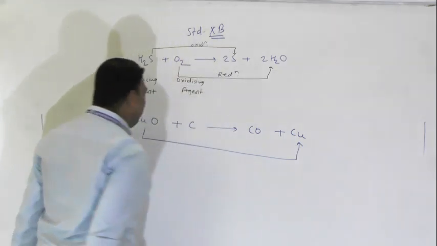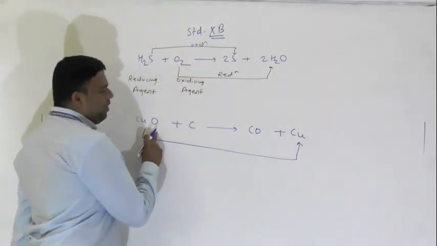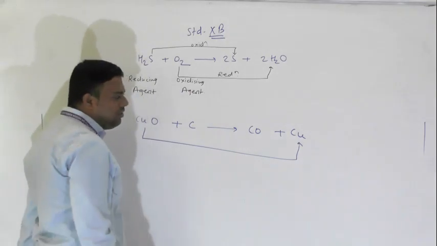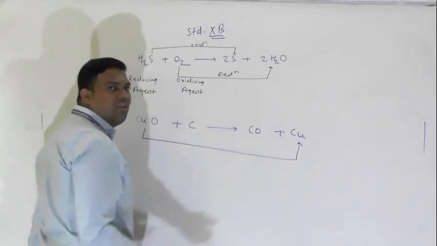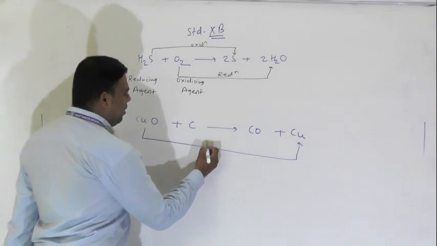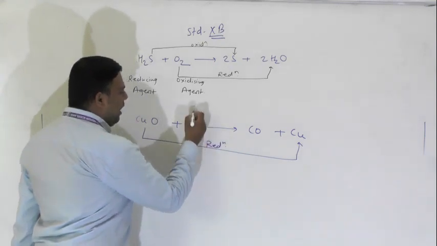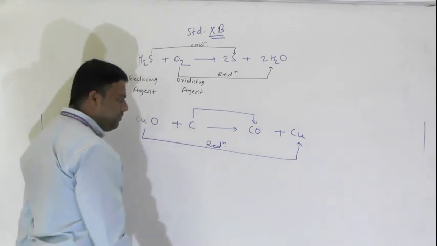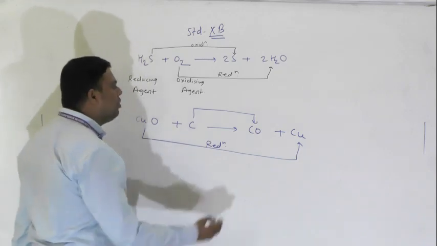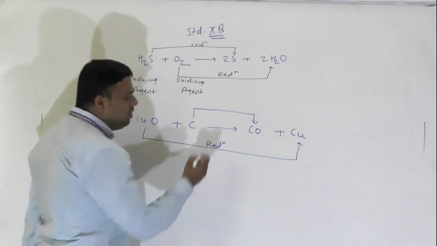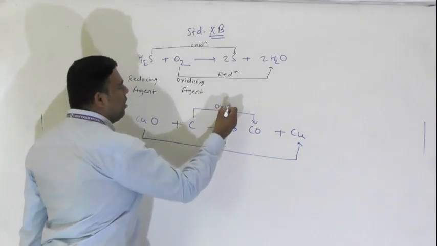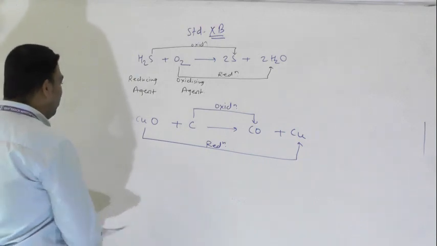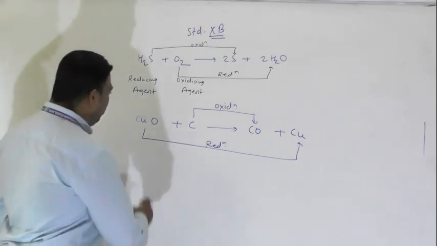From CuO to Cu, there is removal of oxygen. So removal of oxygen is reduction, and from carbon to carbon monoxide, there is addition of oxygen, so it is oxidation.